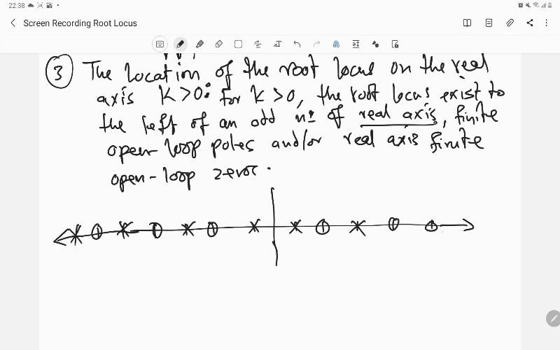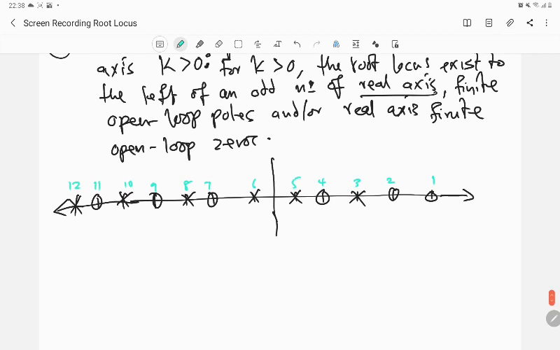I'm just going to number them, with different color just so we know: 1, 2, 3, 4, 5, 6, 7, 8, 9, 10, 11, 12. So I have 12. The number of zeros is 6, the number of poles is 6.